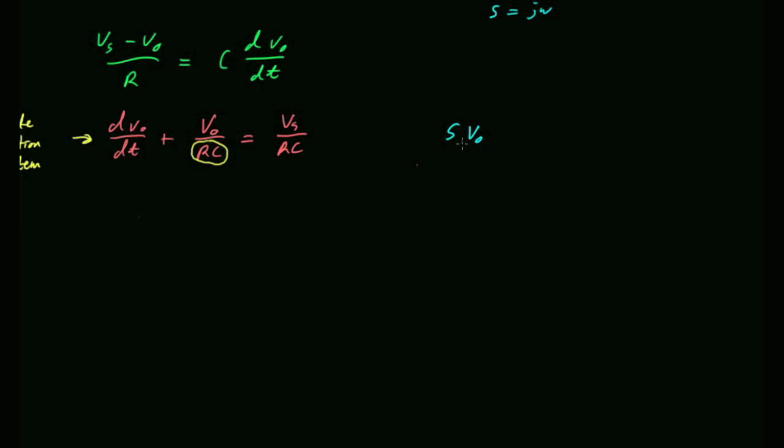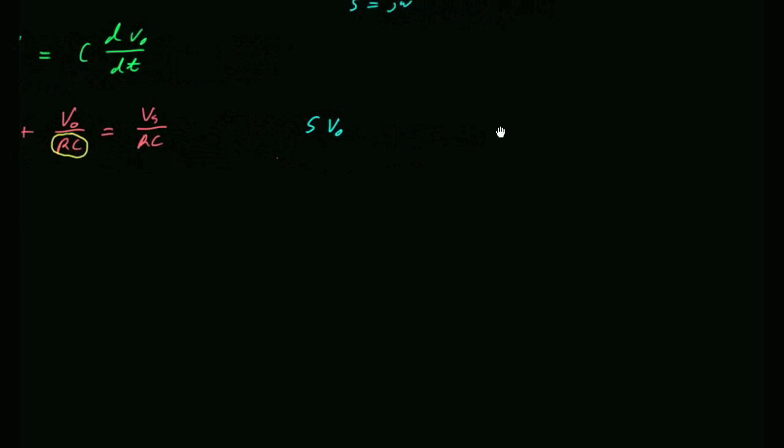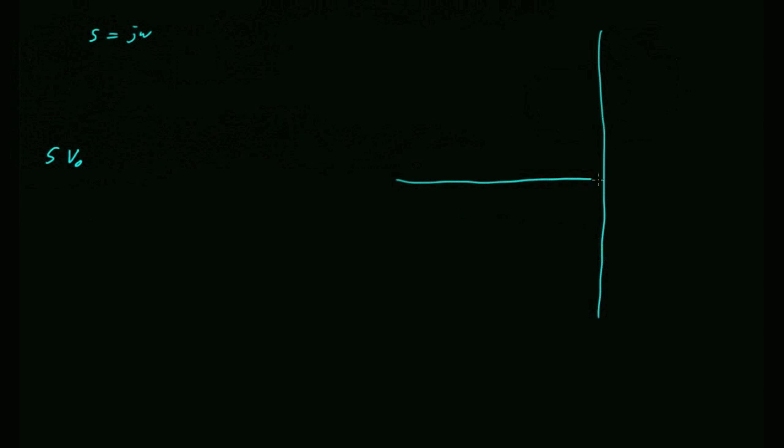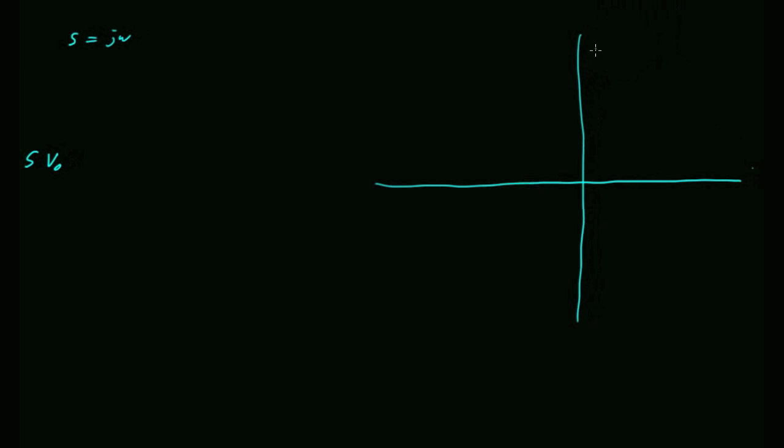So here's what I want you to think about, and we're going to explore this a little bit. So this is your imaginary plane. In the Fourier transform, we're decomposing signals as e to the j omega, meaning that all of the frequencies we're going to look at are j omega.